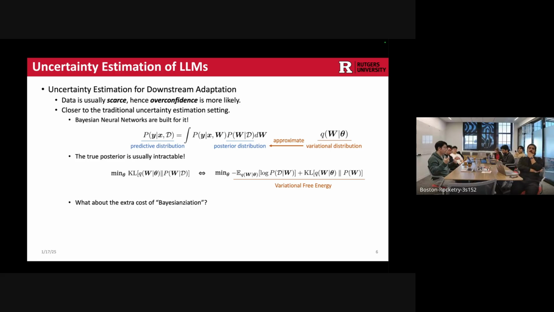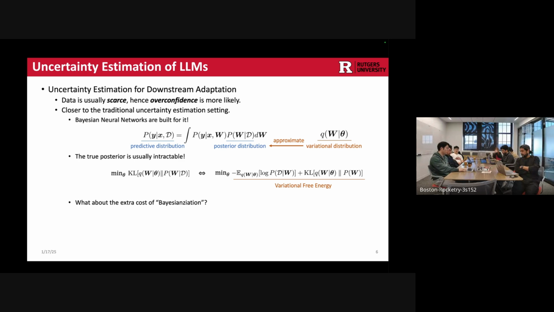But let's think about the situation of large language models. If we directly apply this kind of technique, what is the actual cost of this Bayesianization? By Bayesianization, I mean you turn the original point estimate of your parameters into a distribution estimate, and of course you need to pay an extra cost.